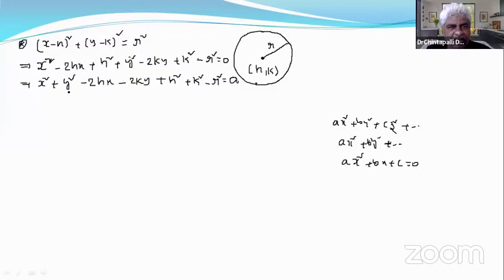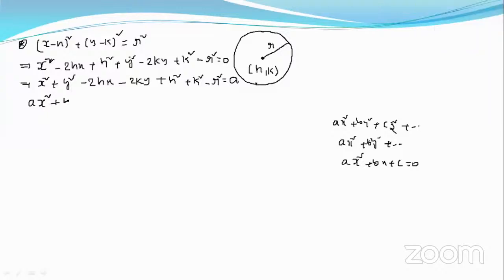When we compare this equation with the general equation in x and y, now we are learning the condition for an equation to be called the equation of a circle.